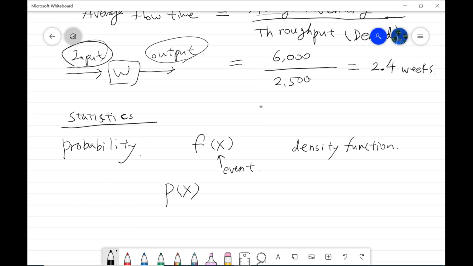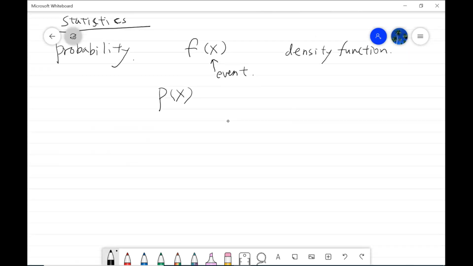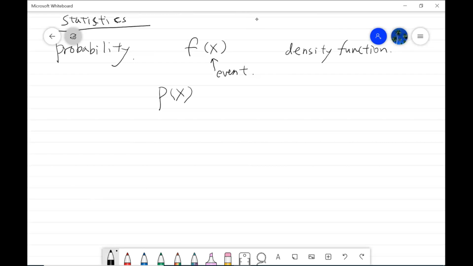But talking about probability, there are many different kinds. Normally we classify them into two classes. The first one is the so-called discrete probability.